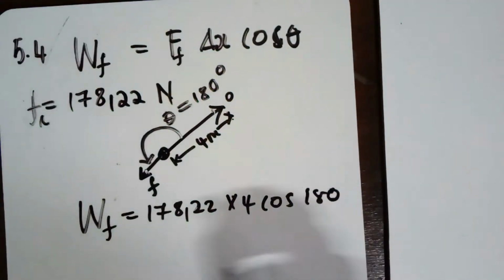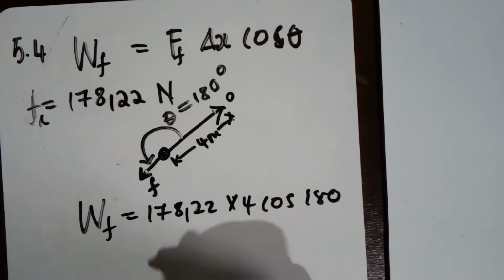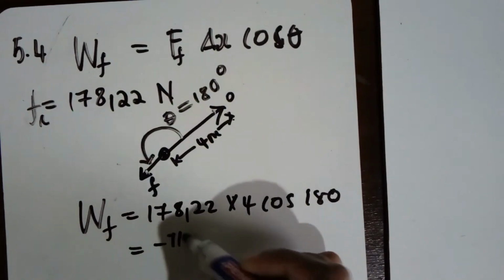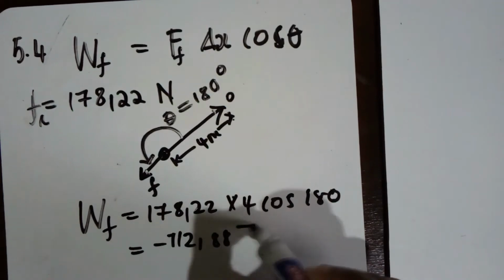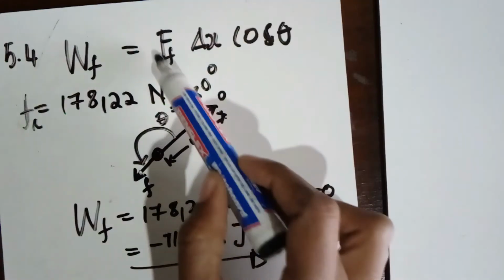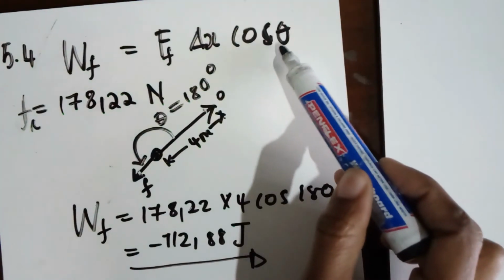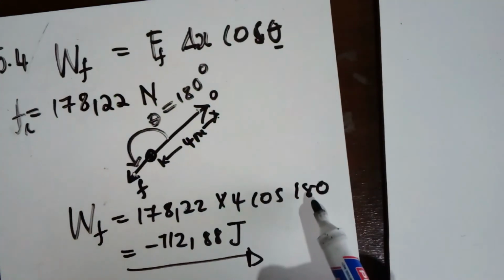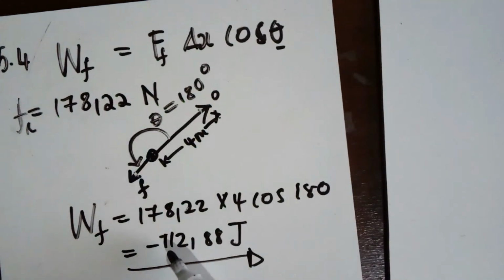You can put this in your calculator and you should find a value of about negative 712.88 joules. So you see, we didn't have to put a negative on F. This theta already takes care of our direction for us. The cos of 180 is negative 1, hence this answer is negative.